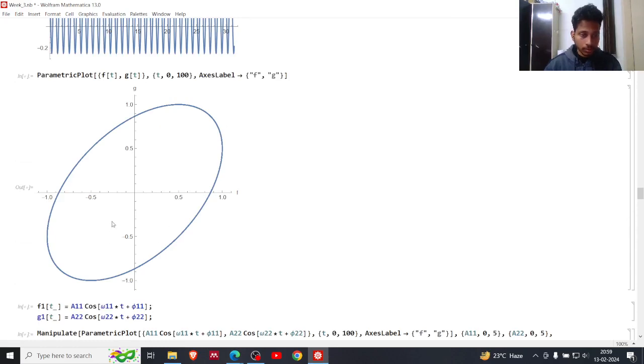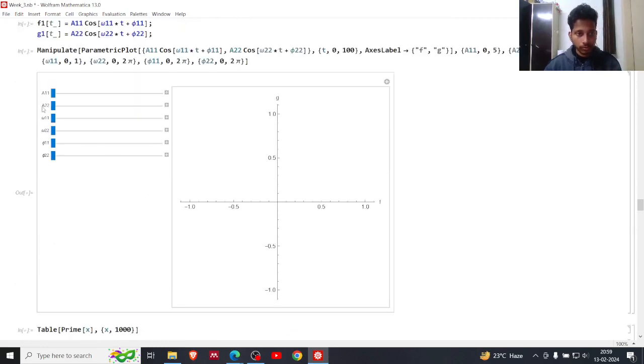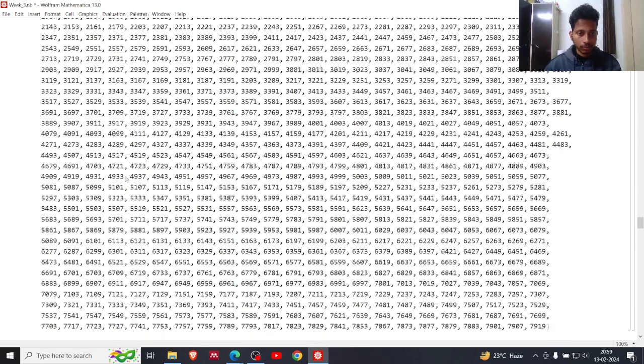Then we talked about the parametric plot, used Manipulate and so on.